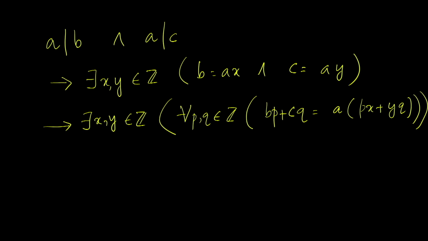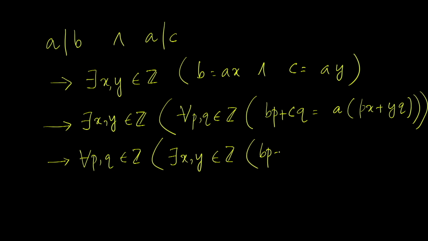For any pair of integers p and q, we can write bp plus cq as apx plus ayq, because b is ax and c is ay, which implies that for all integers p and q, there exist x and y such that bp plus cq equals a into xp plus yq. That is because this statement is a weaker statement in comparison to the one above.